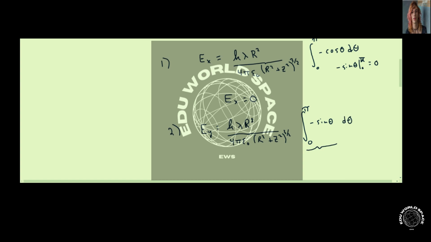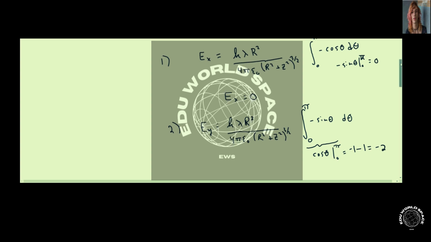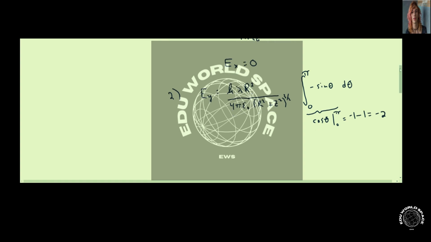And that turns out to give us cosine theta from 0 to pi, which is minus 1, or minus 2. And that makes sense that this is negative, because if we assume a positive line charge, its electric field will point down along negative y. So yeah, the Ey is negative, and we'll cancel a 2 from the denominator.